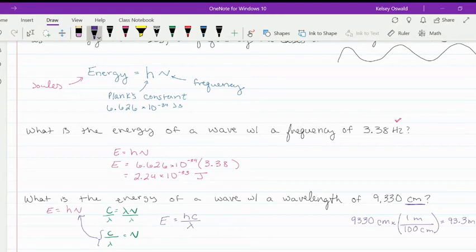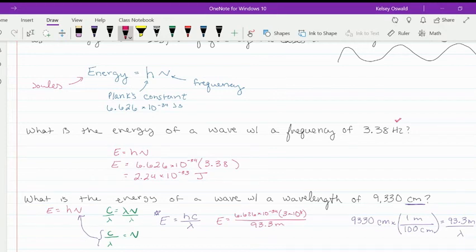We are now able to plug this wavelength, now that it's in meters, into our equation. So we'll do E is equal to h, or 6.626 times 10 to the negative 34th, times c, which is 3 times 10 to the 8th, our same constant from our previous wave equation, all divided by our new wavelength in meters of 93.3.